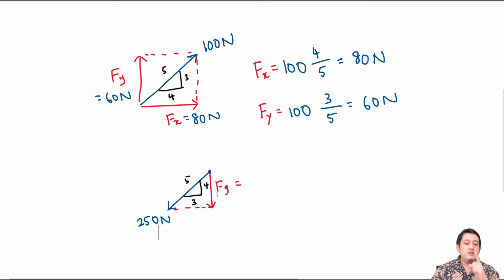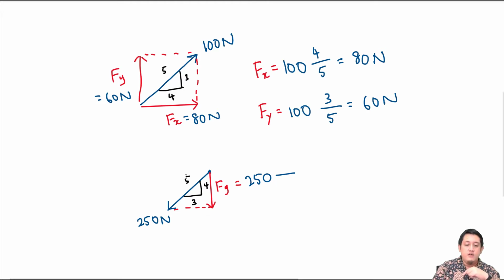Using the same principle, Fy is equal to, first, the magnitude of the force that we want to resolve, which is 250, and then multiply with, okay, what is the direction of this force here? The same direction as this force is the value of 5.